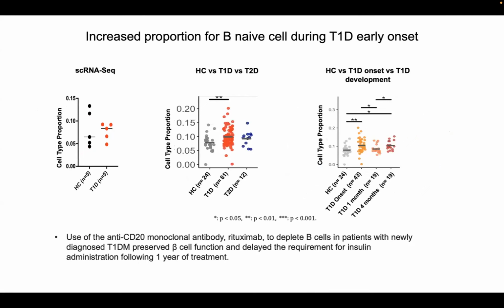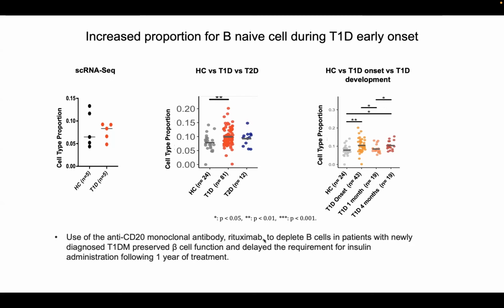And another cell is the B cell. We showed that the B cell has been consistently increased in our data set, and by comparing with the public data set, we can increase the statistical power by increasing the sample size. So we can see a dramatically statistically significant change for the B cell during T1D early onset.